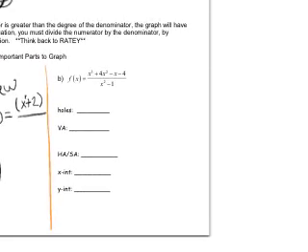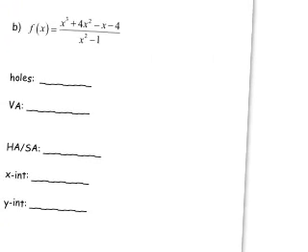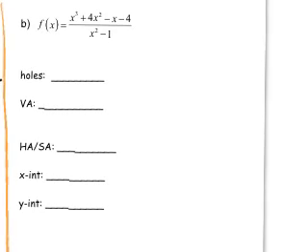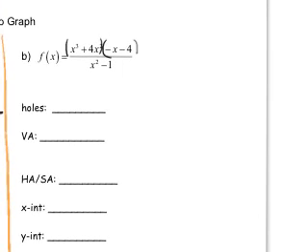Okay, let's do B. So in B, as you can see, you're not factored. So they are asking you to go through that first process of factoring. If you look at your numerator, this is a 1, 2, 3, 4-term polynomial. There's no GCF. So the only way you can factor this is by automatically starting with grouping. So I will group and group. So what comes out of my first group is x squared.